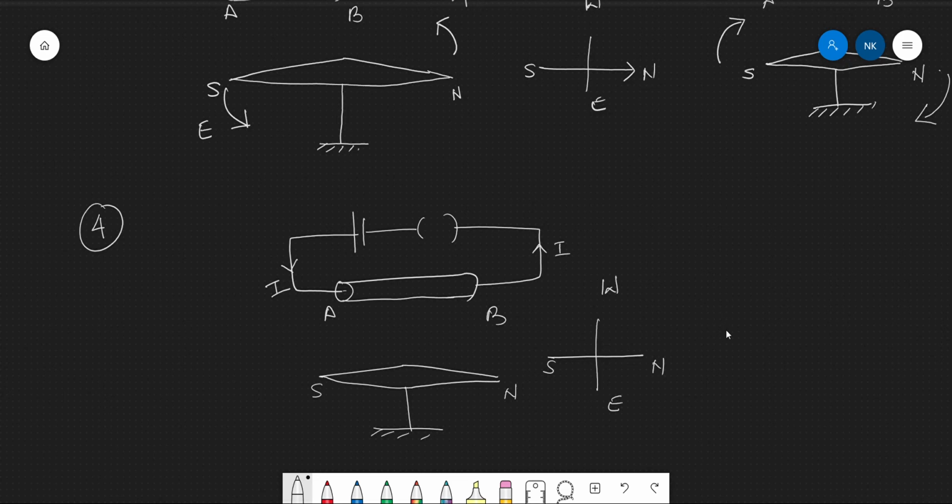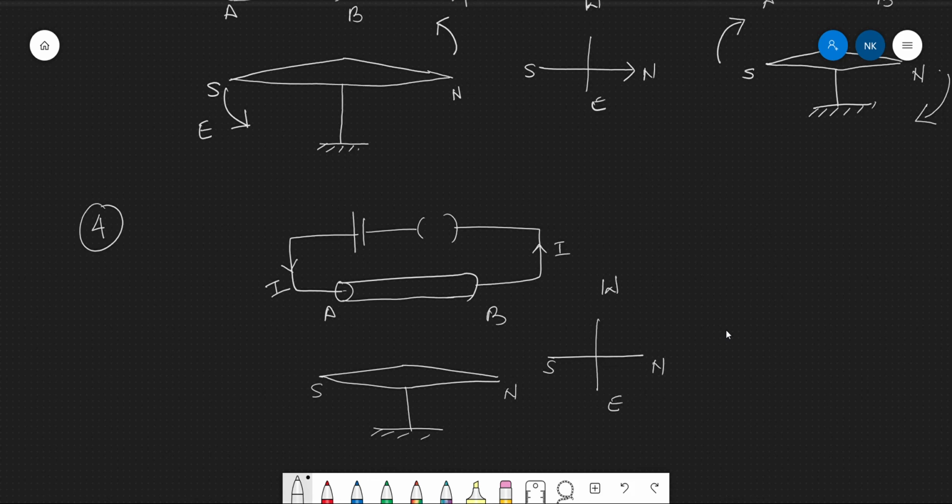Fine. So this rotation of the magnetic compass explains that, as you know, the compass needle is supposed to align itself in the direction of the magnetic field. Initially the compass needle was aligned in the direction of Earth's magnetic field, but once we made current flow through this wire AB, there was a new magnetic field associated with it other than the Earth's magnetic field, and the compass needle was forced to turn in the direction of the new magnetic field developed due to this current carrying wire.